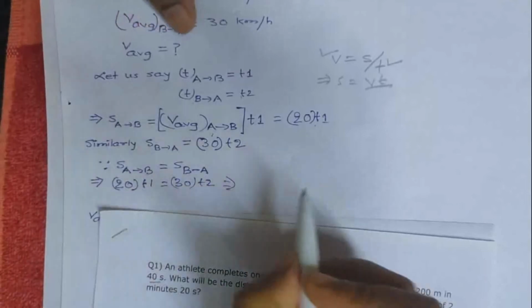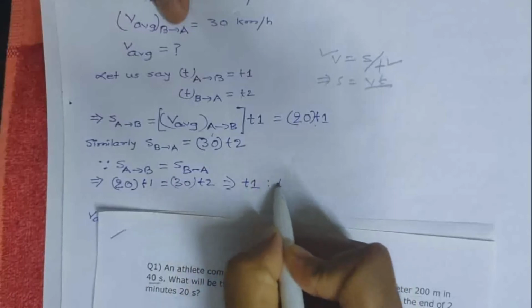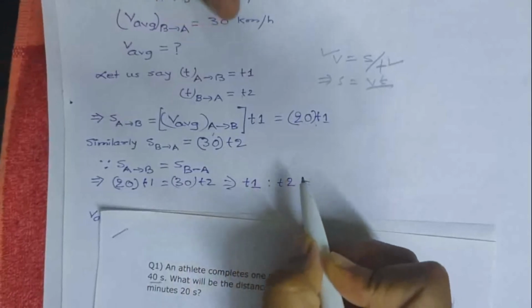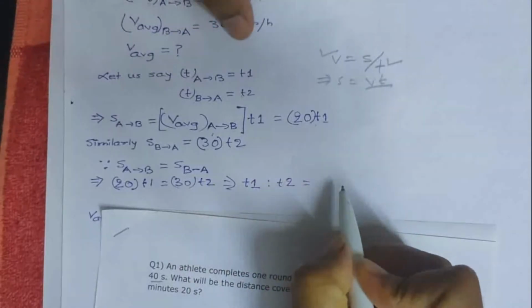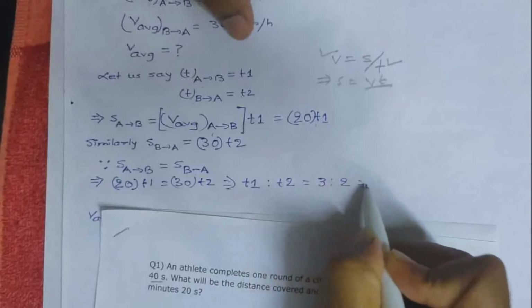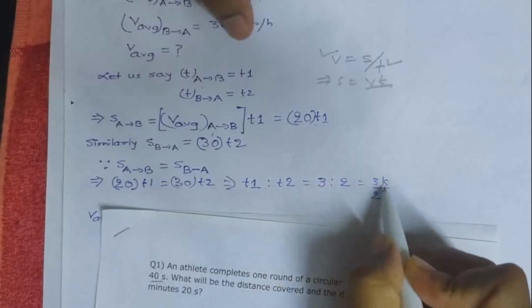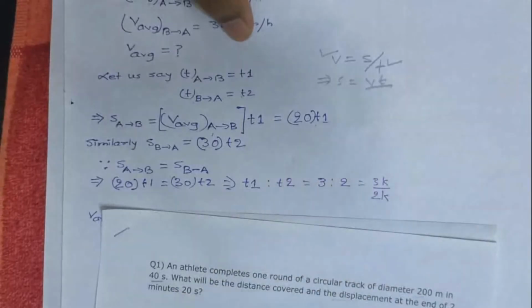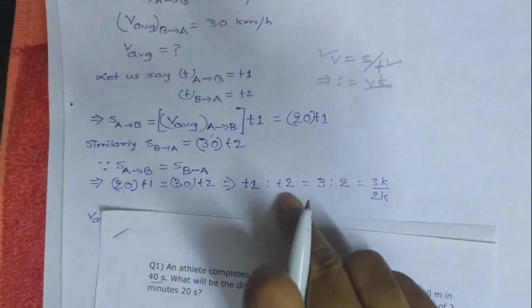So based on it, if you find the ratio of t1 to t2, it will come out to be 3 is to 2. That you can write as 3k by 2k, no harm, k will cancel out. So now we have the value of t1 and t2.